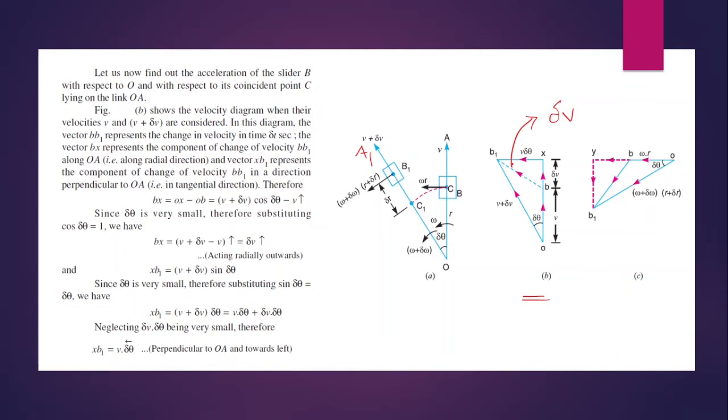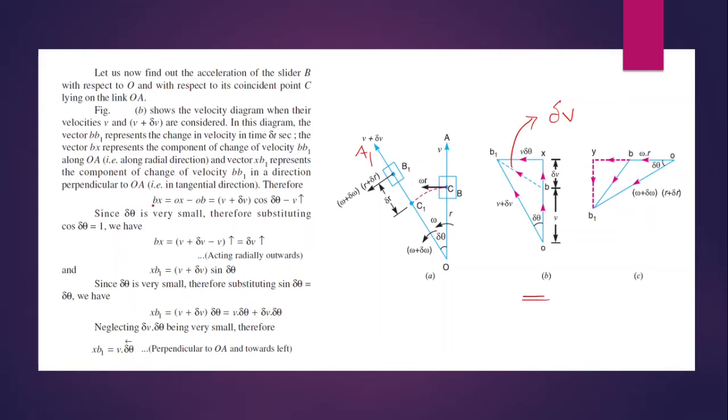Then we can draw a horizontal line like this and a vertical line like this. The component along OA is bx, and the component perpendicular to link OA is b1x.